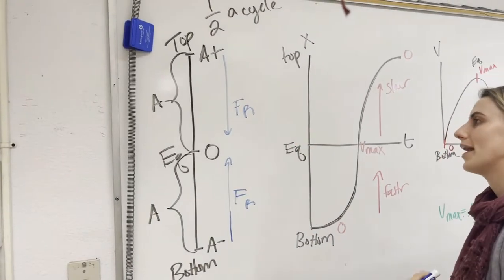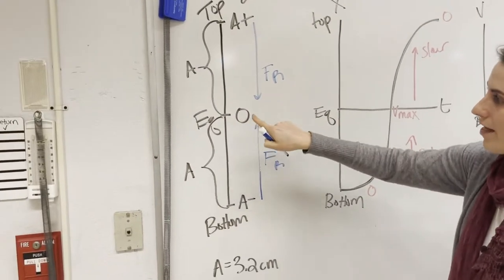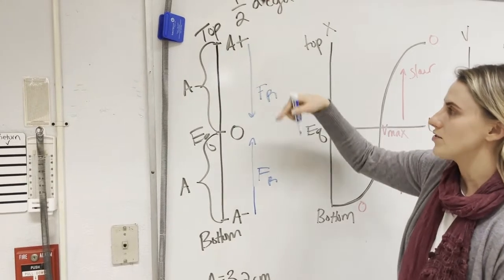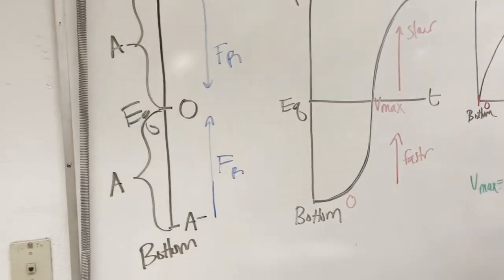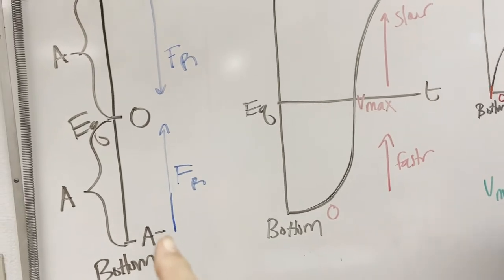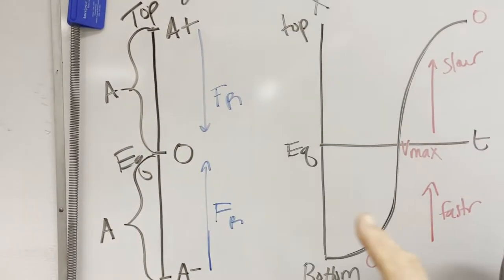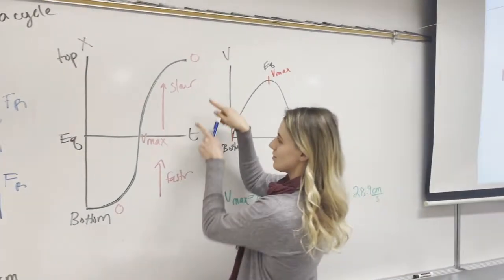The reason it's the fastest at this point is because the restoring force is pulling it back there, and it wants to get there as fast as possible. The restoring force on the bottom makes it go faster, and the restoring force after it passes equilibrium makes it go slower. We making sense here?